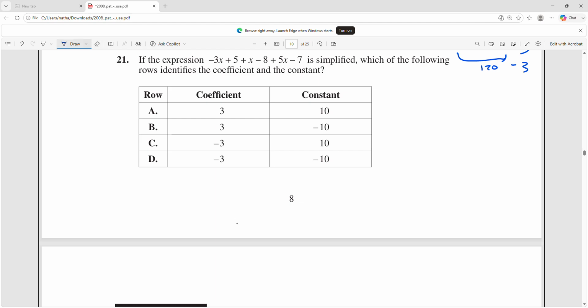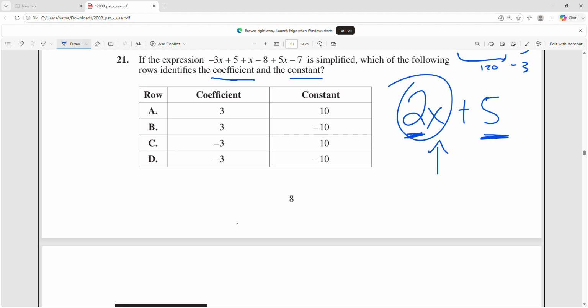All right. 21. If the expression is simplified, which of the following rows identifies the coefficient and the constant? Okay, let's review some terms here. 2x plus 5. A coefficient is a number that's multiplied next to a variable. Something without any kind of variable is a constant, because if x is 1 or x is 2 or x is 3, this value changes.